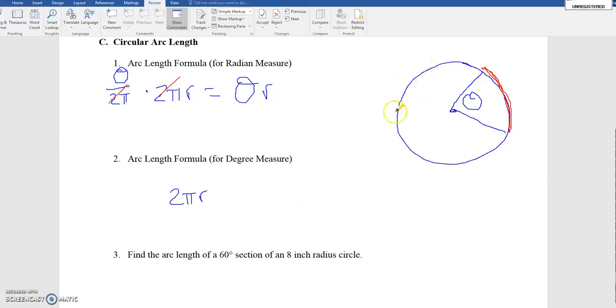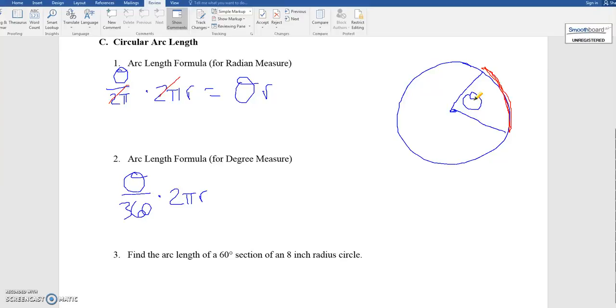Still want to think about the entire circle, but I'm just taking part of it, and again, it's based on theta. So now in degrees, an entire circle is 360. I just want theta of that. So I'm going to multiply this by the fraction theta over 360.